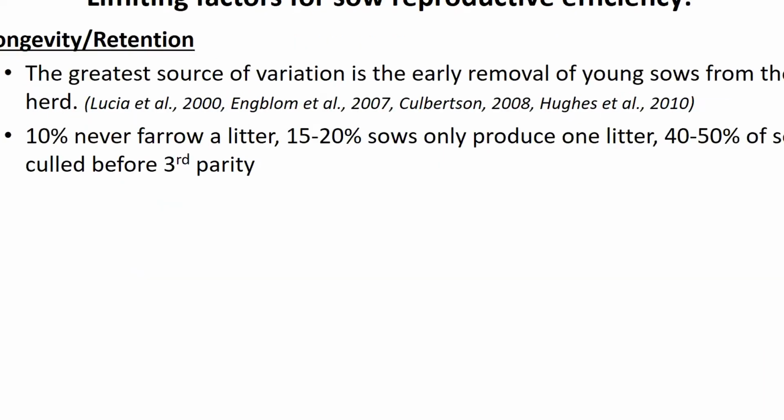So there are limiting factors for sow reproductive efficiencies. Looking at the ones we just talked about, longevity and retention: the greatest source of variation is the early removal of young sows from the herd. The data would say that 10% of gilts that are served never farrow a litter, 15 to 20% of sows only produce 1 litter, and 40 to 50% of sows are culled prior to third parity.